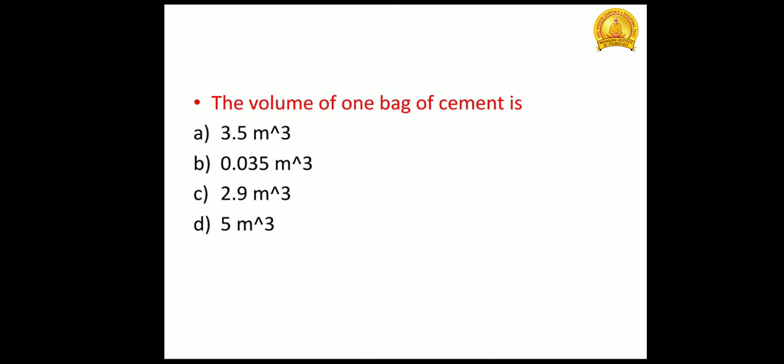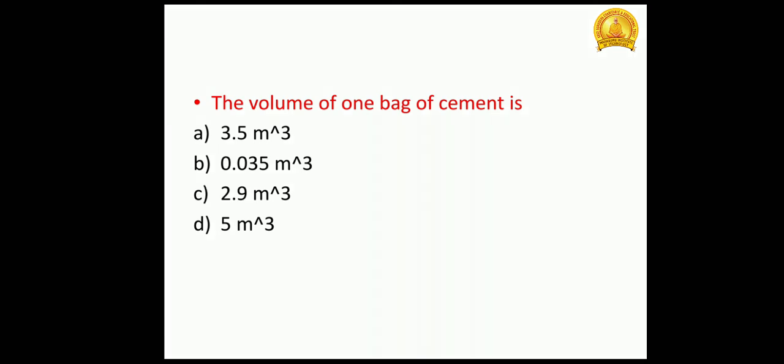We know that the weight of one bag is 50 kilogram and the density of the cement is 1440 kilogram per meter cube. That means for one kilogram the volume will be 1 by 1440. For 50 kilogram the volume will be 1 by 1440 into 50. So the answer will be 0.035 meter cube.